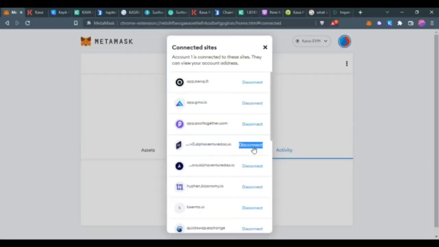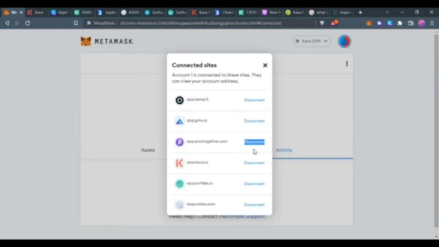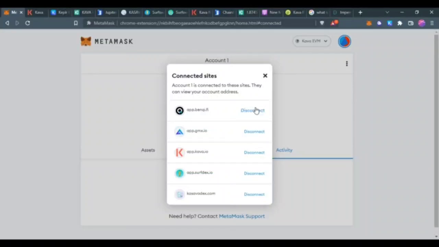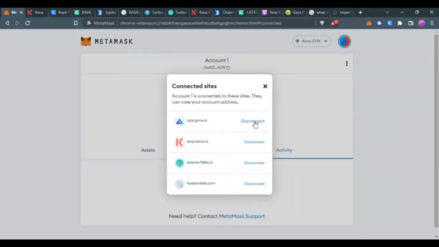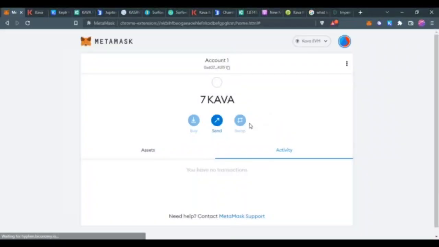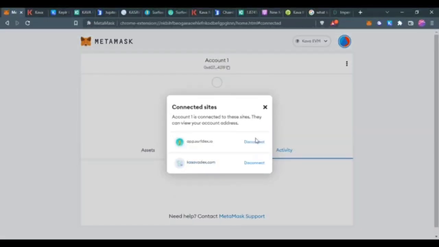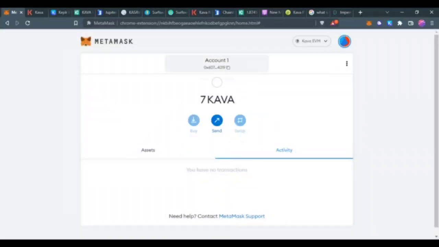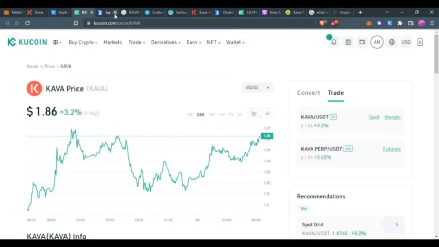Never leave your wallet just connected to anything. Always disconnect from everything you've been using. There we go. All right, so we're out of everything.